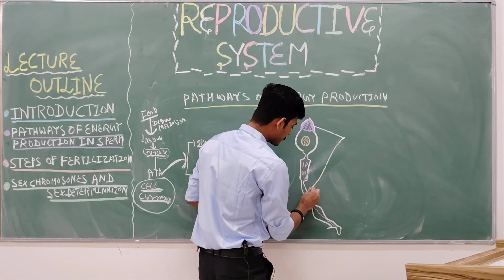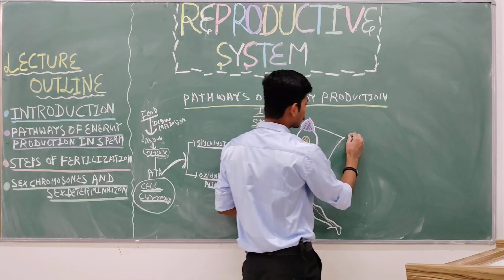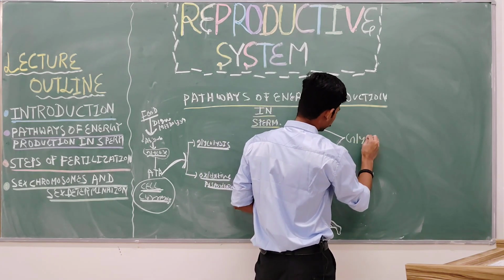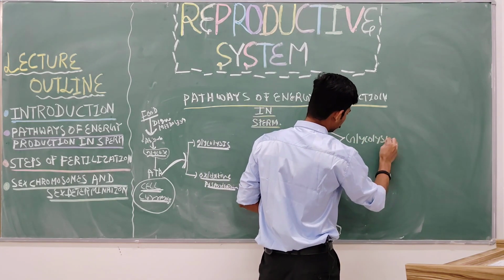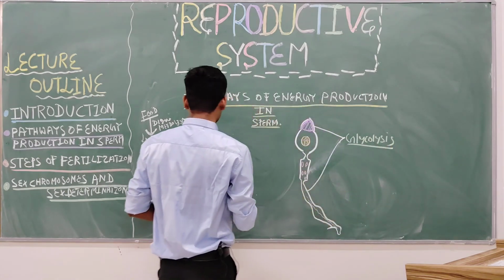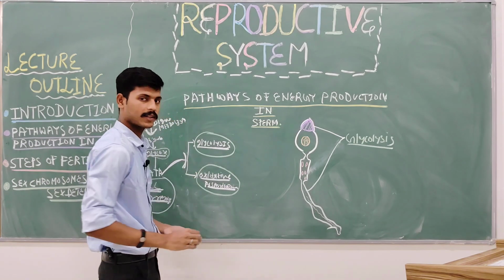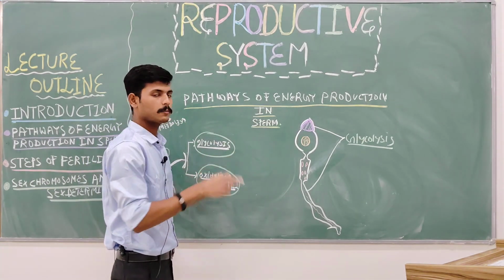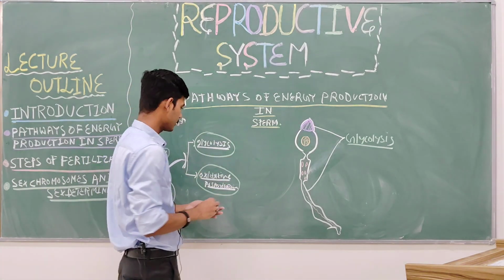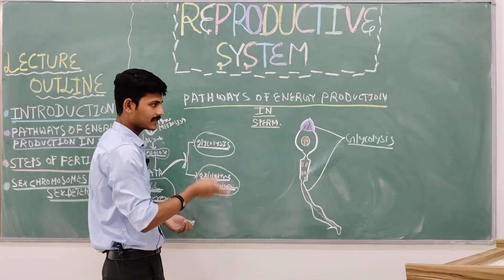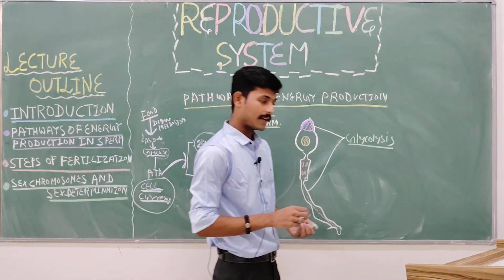Here in the central piece of the tail, the glycolysis is ongoing. Always remember these reactions which we are referring to as glycolysis and oxidative phosphorylation are happening within a cellular environment.